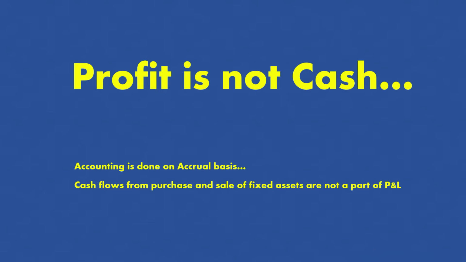This is a purchase of an asset, so this transaction is not going to the profit and loss statement. So my cash has reduced, but my profit will remain unaffected. Similarly, if we are raising any debt or equity, definitely we will be receiving the cash, but there will be no impact on profit. So the conclusion is profit is something different from cash, and that's why we need a separate cash flow statement.